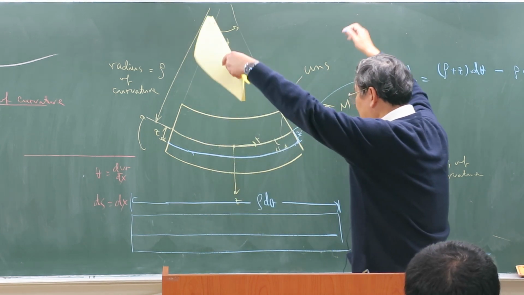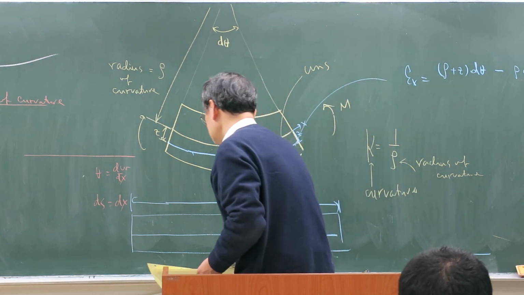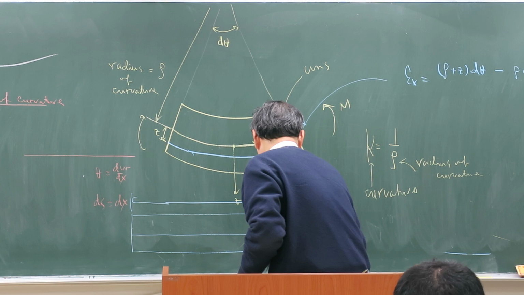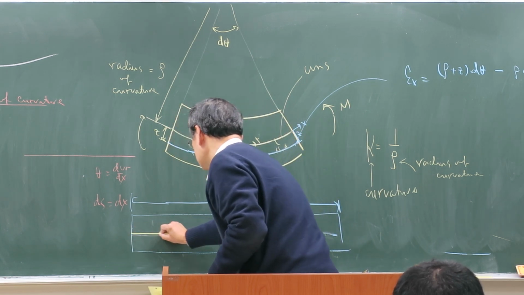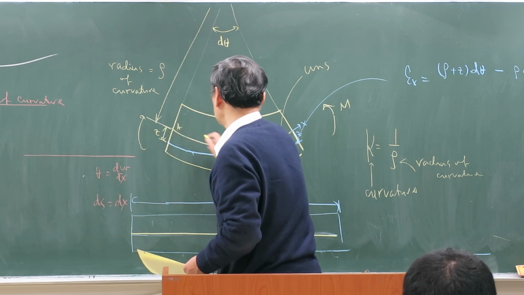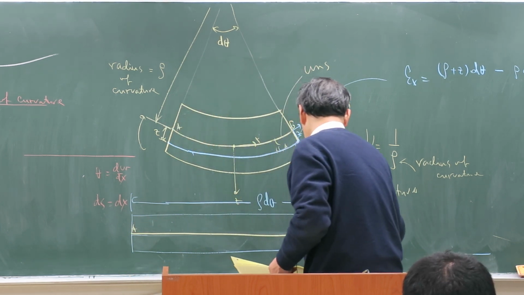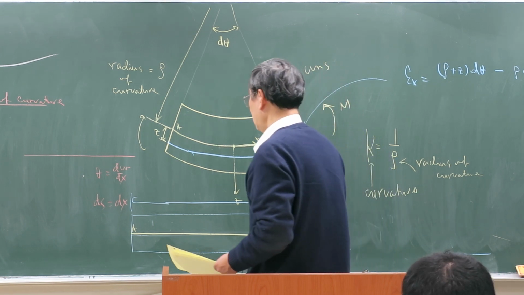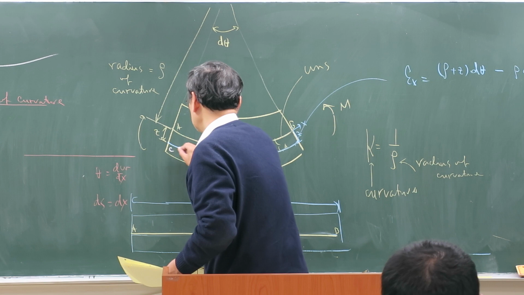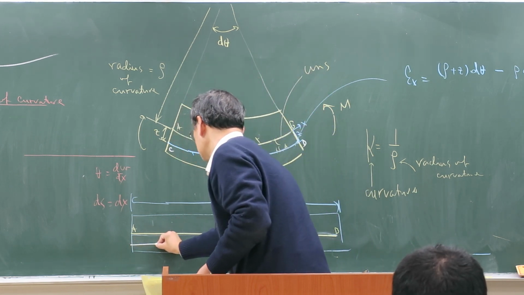And after bending, for example, we use A, B. So this is A, B before, and after, this is like C, D.